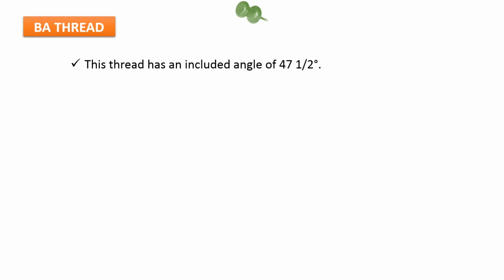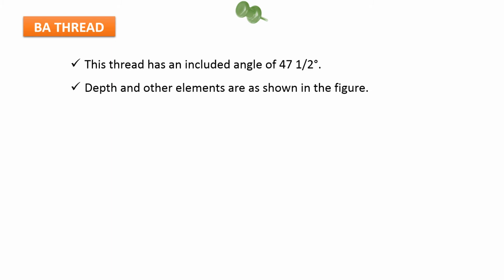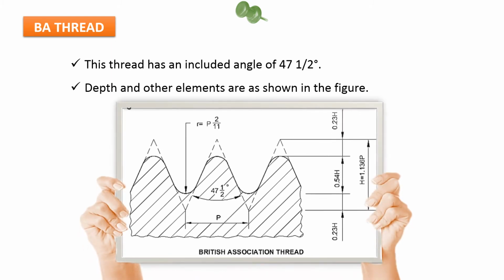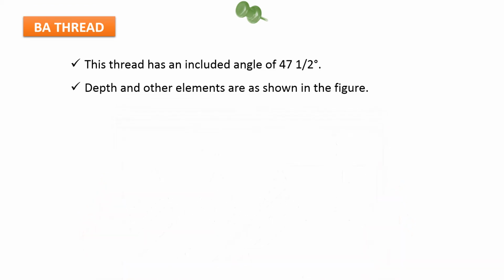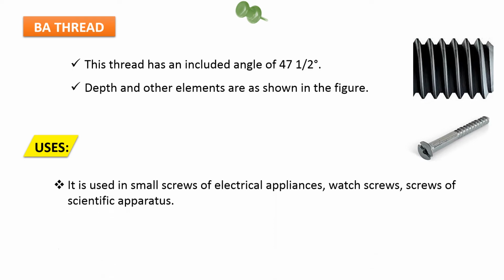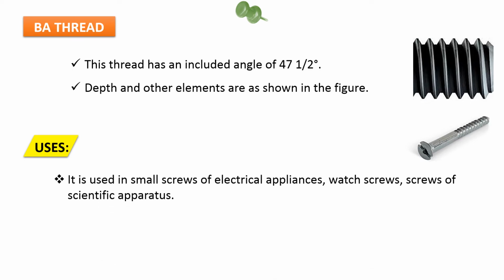This thread has an included angle of 47.5 degrees. Depth and other elements are as shown in the figure. Uses. It is used in small screws of electrical appliances, watch screws, screws of scientific apparatus.